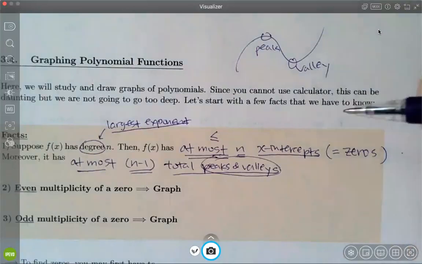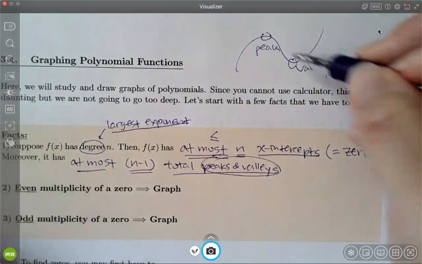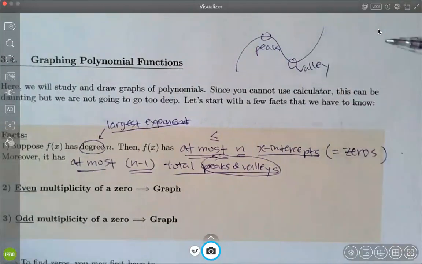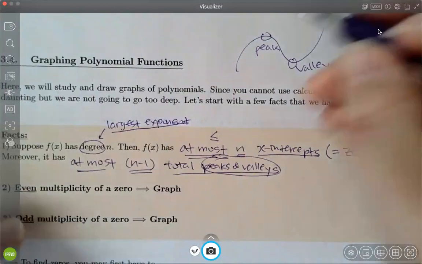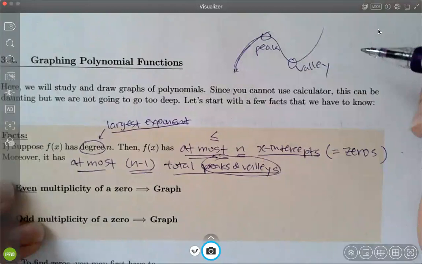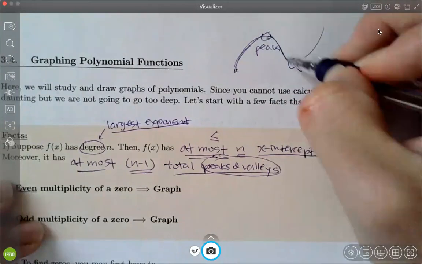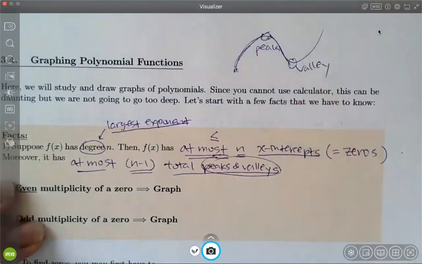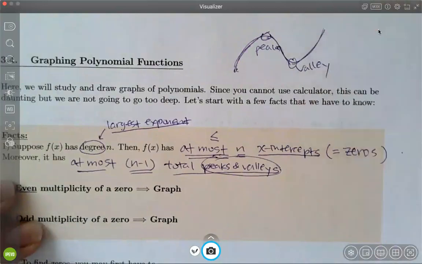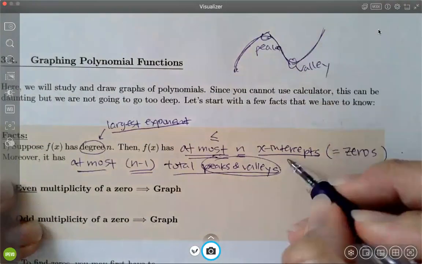And if you look at this graph closely, these peaks and valleys are exactly the turning points. Okay, do you see that? Because the graph is increasing, and then it changes direction, and then it starts decreasing, right? And then it changes direction once again, and it goes back to increasing once again. Okay, so basically peaks and valleys are the same thing as the turning points.